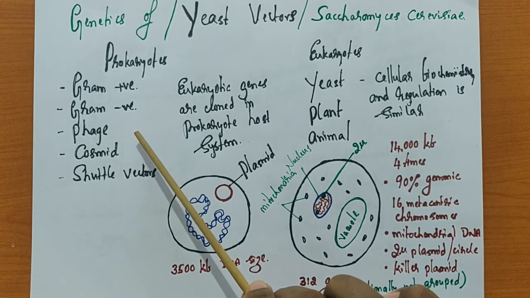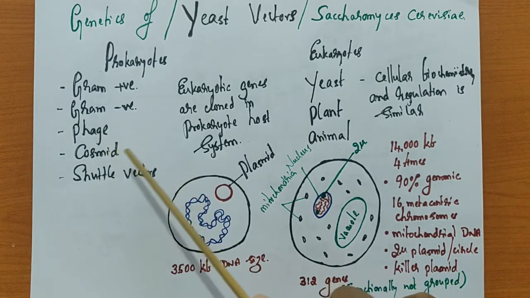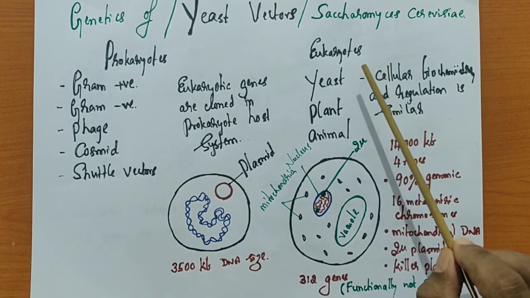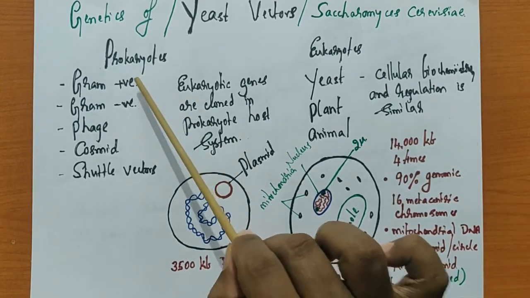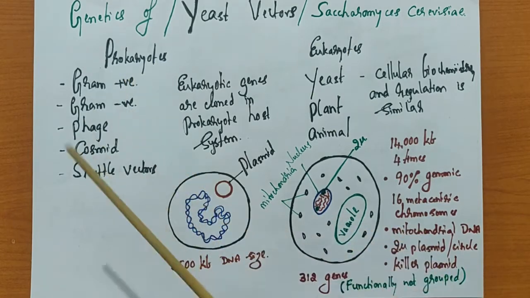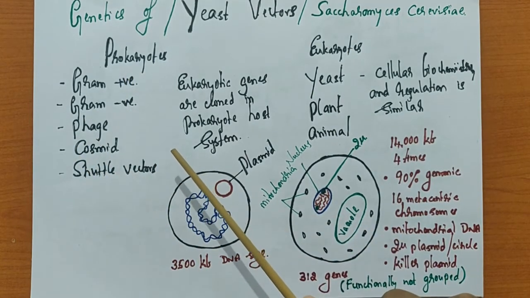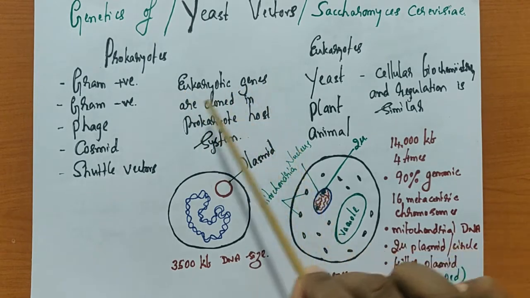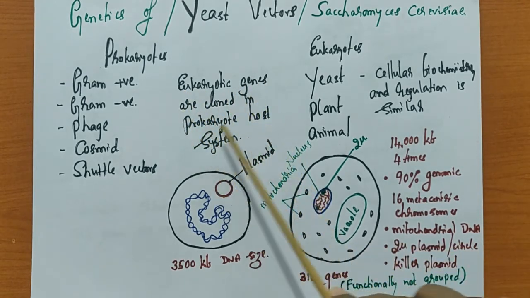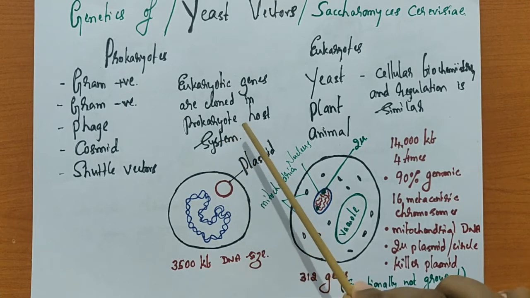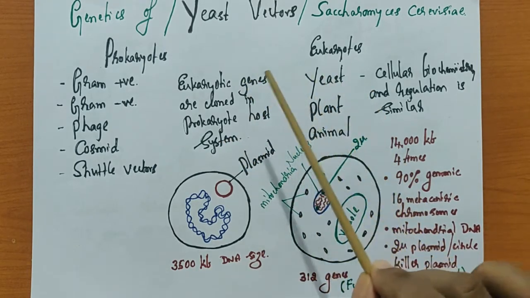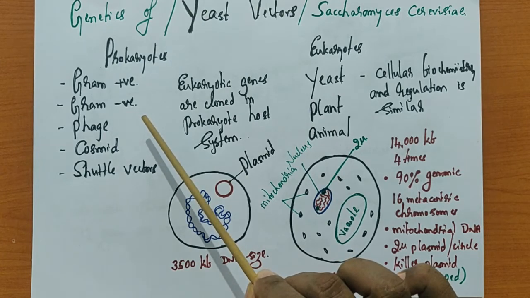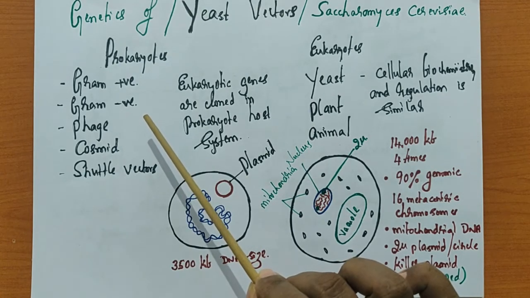Now we also have to understand how this recombinant DNA technology can be extrapolated to the eukaryotes. Between prokaryotes and eukaryotes, prokaryotes do have certain advantages. Several eukaryotic genes are cloned in prokaryote host systems. Several genes from the eukaryotes are cloned into prokaryotes, and we have also expressed them, in fact.